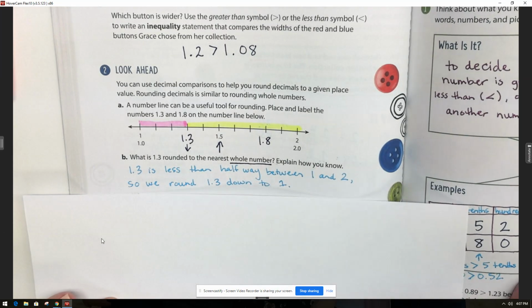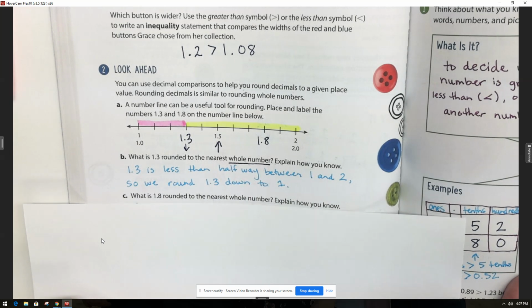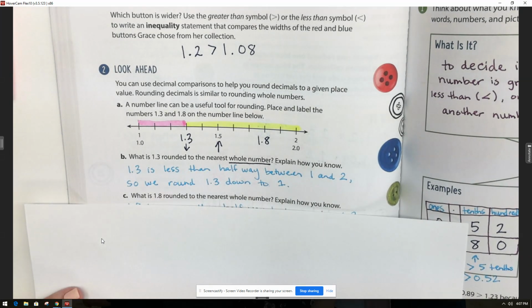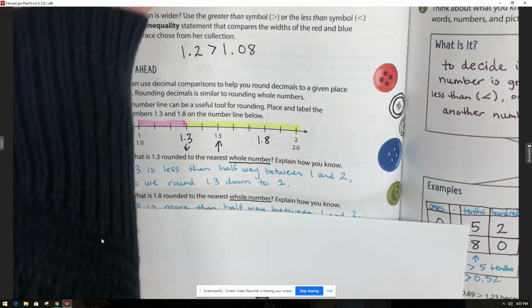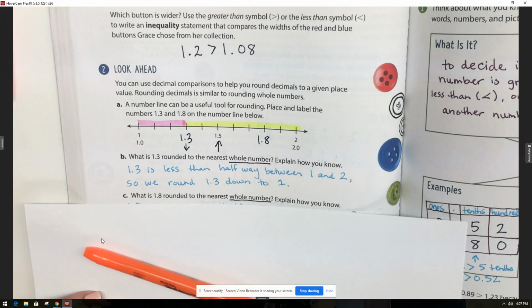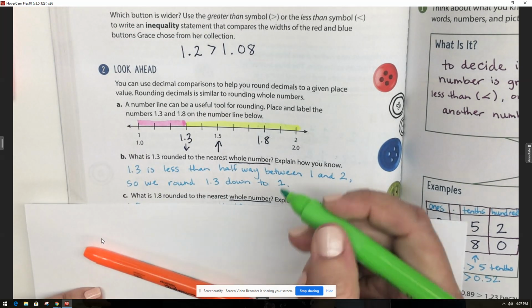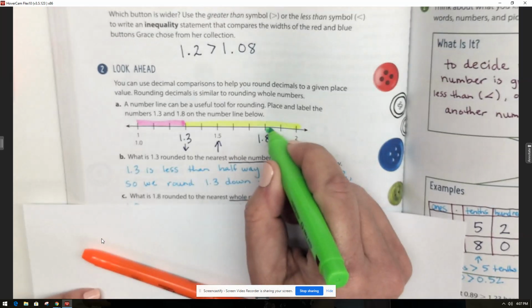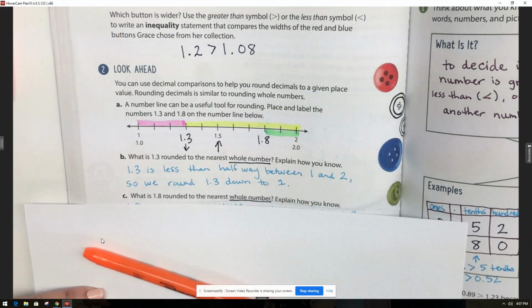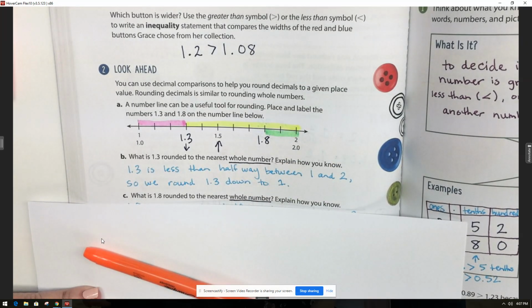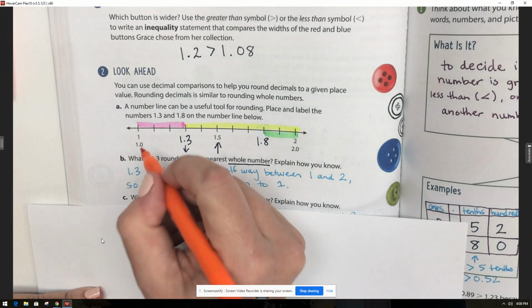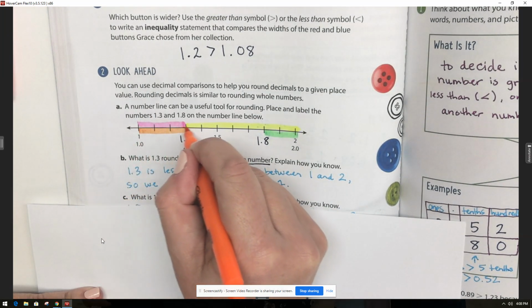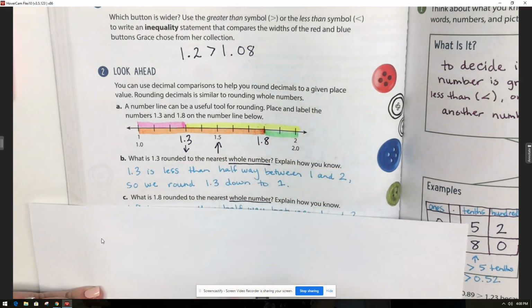Now, you guessed it, part C is going to ask us, what is 1 and 8/10 rounded to the nearest whole? So I'm going to use 2 different colors, and I'm going to highlight on the bottom. 1 and 8/10 is this close to 2 wholes, and this close to 1 whole.